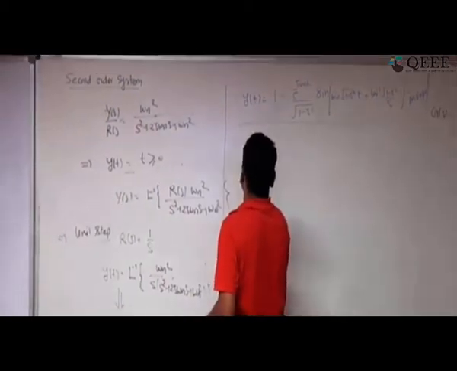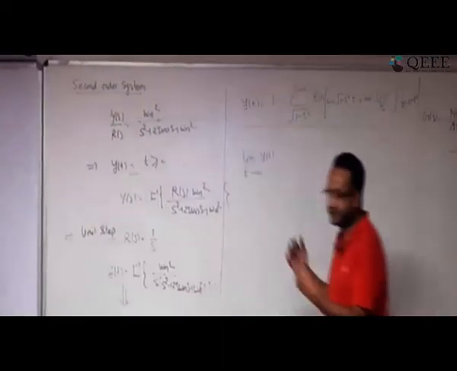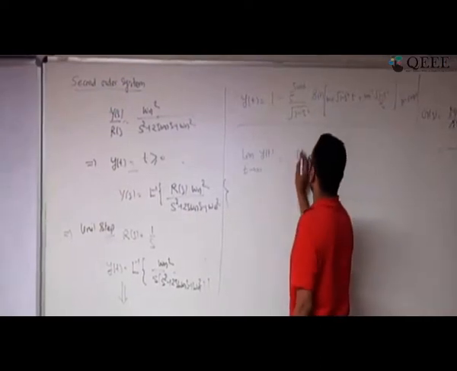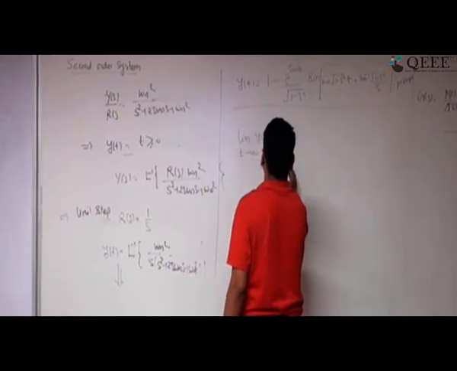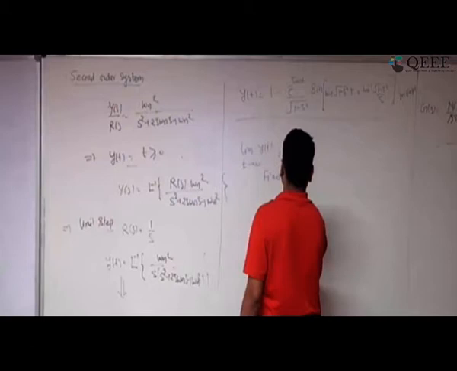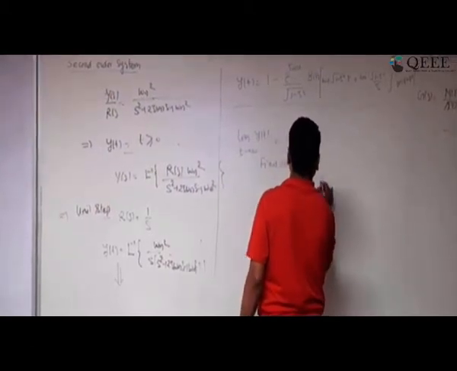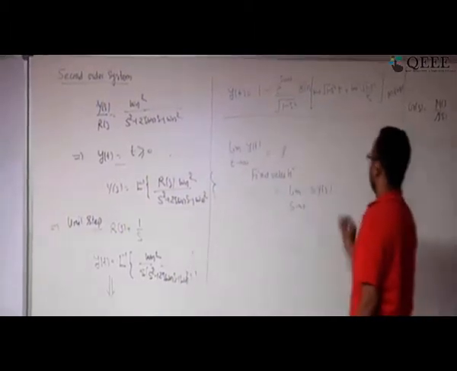Okay. One more aspect, as I mentioned last time, you also go for the steady state value, limit t tends to infinity of y(t), and from the final value theorem, this is equivalent to limit s tends to 0 of s times Y(s).